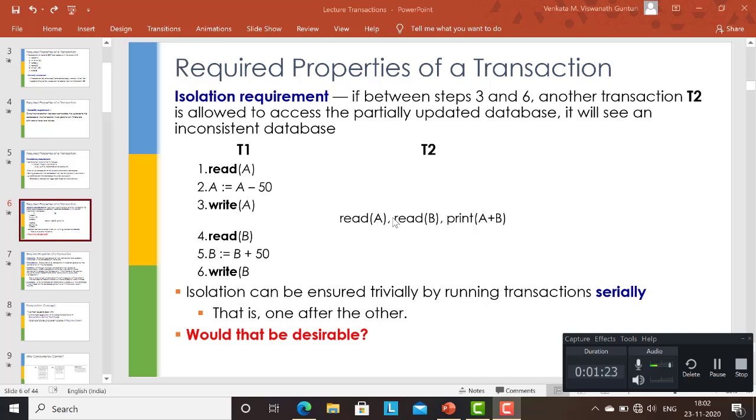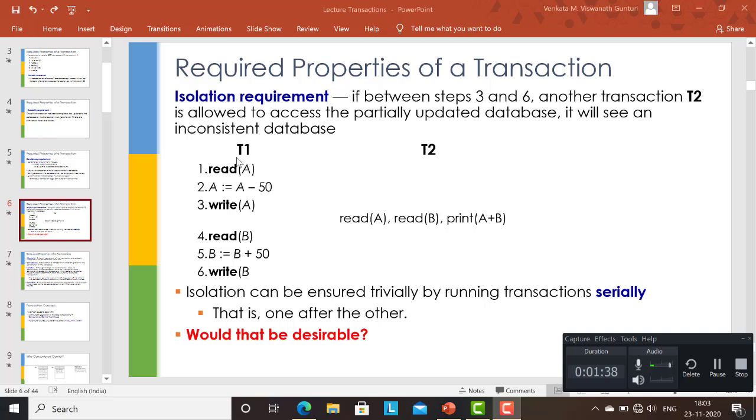But in this case, T1 and T2 are not entirely independent. Let's say that in your database system, transactions are executed in an interleaved fashion.